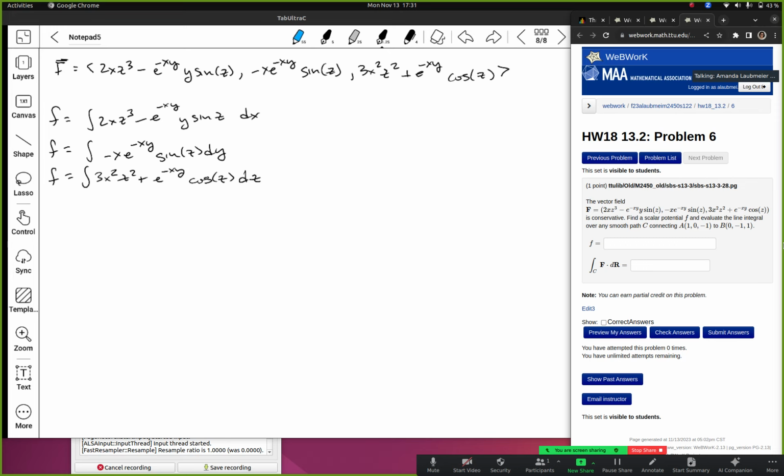I was looking for my phone so I could Google how to integrate sine and cosine, because I always forget which one has the negative. But my phone is dead, so I'm going to have to do it here.